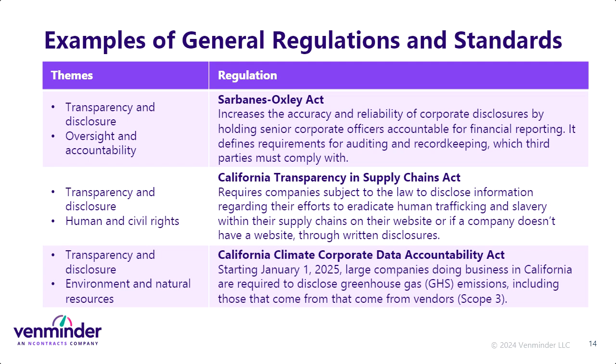Then we have the Transparency and Supply Chains Act. This one is really important because it aims to prevent human trafficking and modern slavery. We have the California Climate Corporate Data Accountability Act, which is requiring certain businesses in California to disclose their greenhouse gas emissions.